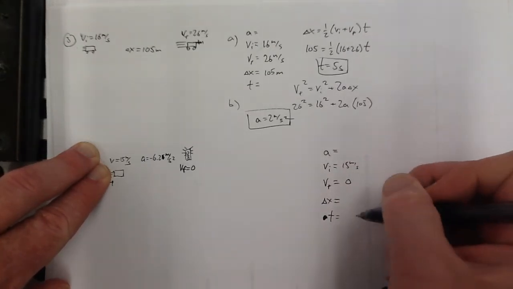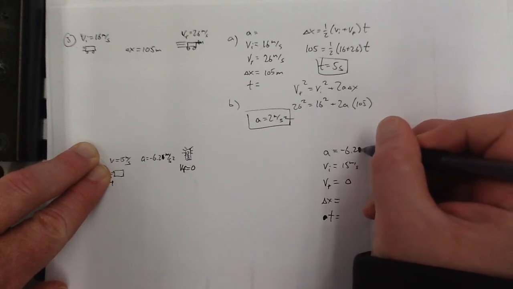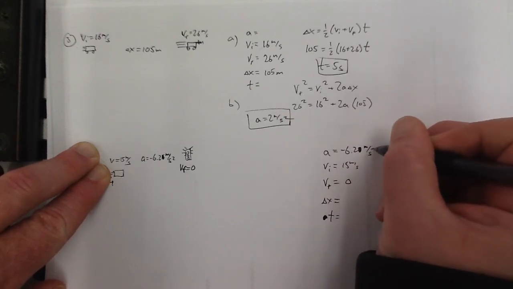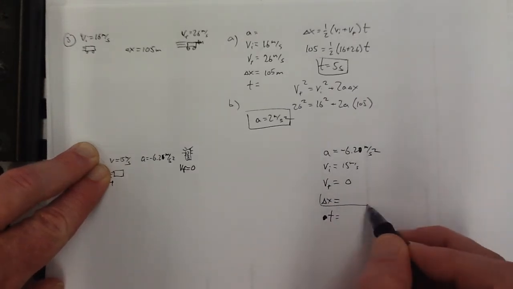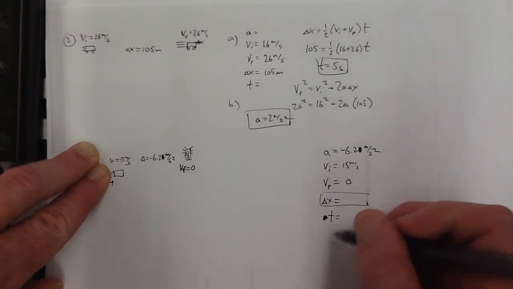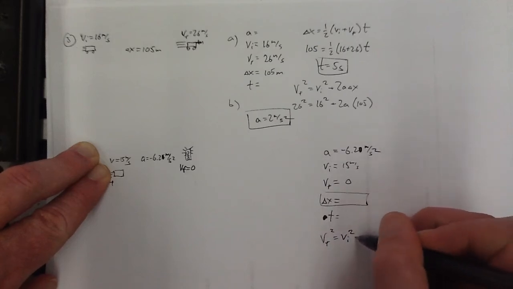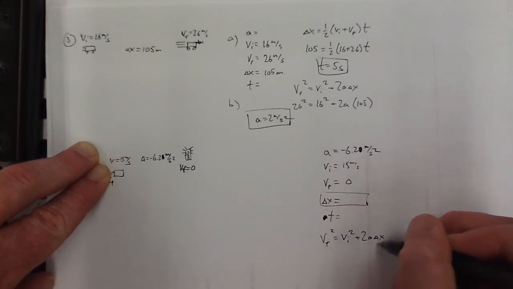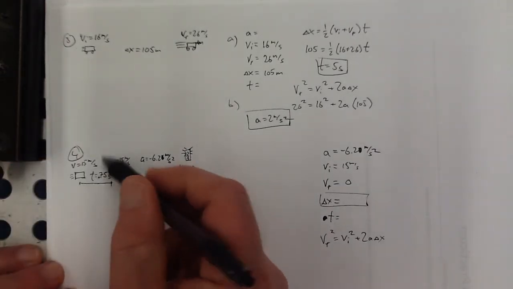Final velocity, we're stopping, so that's 0. The acceleration is negative 6.25. Really want it to be 6.25. And stopping distance, I'm looking for this. So I can set that up. It's going to be that equation again. I can do that. But what about this?